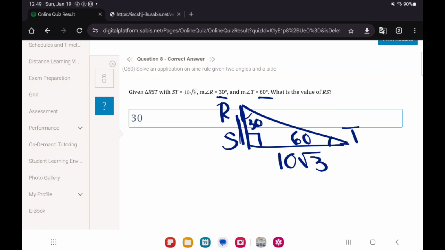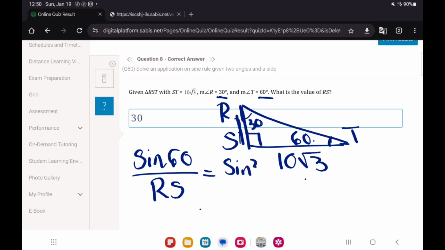So we're going to do the sine rule. We have T, which is 60, and RS is small t. So sine 60 over RS. Now we have one missing. We can't have any more missing, so we're going to use the big R because we have the side for it. So sine 30 over 10 radical 3.